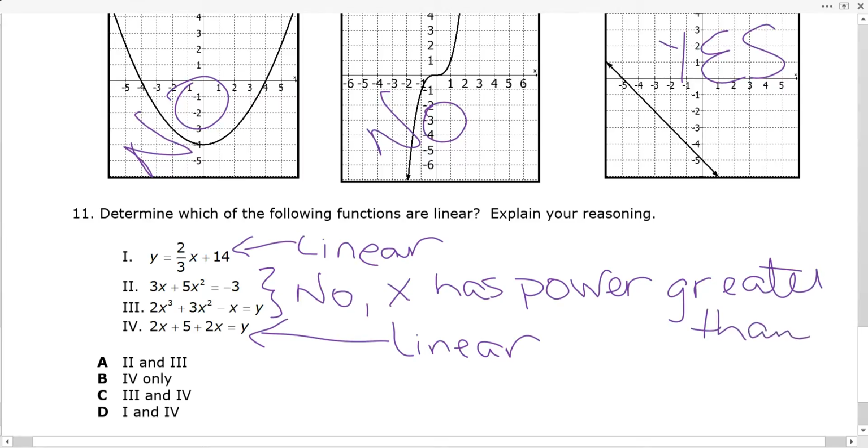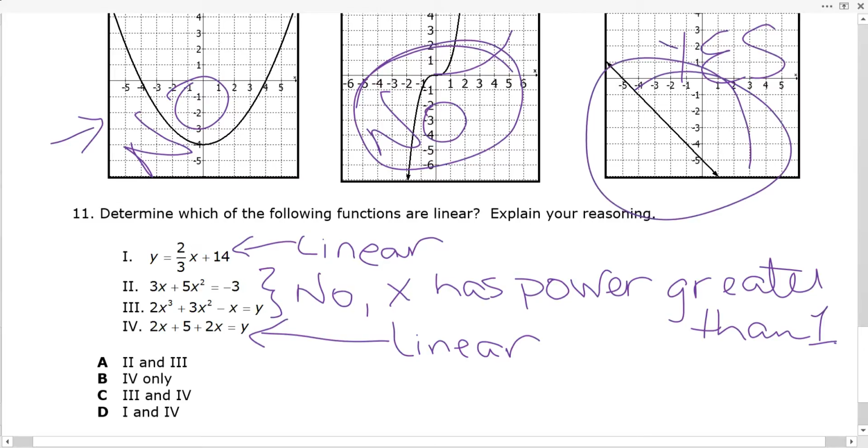And we're also going to talk about these functions after Christmas. We're going to talk about parabolas, like this one. We're not going to talk about these, but we're going to talk about exponential graphs that go up real fast. But we're not going to talk about those right now. We're just talking about linear functions.